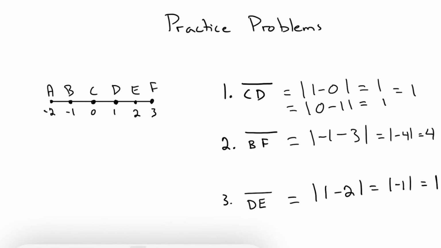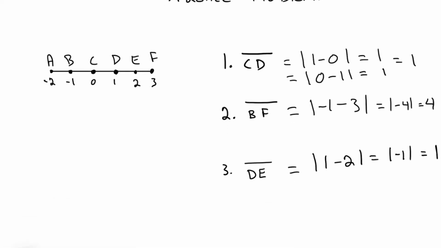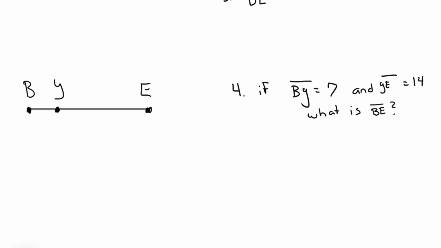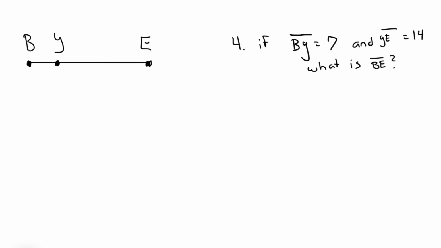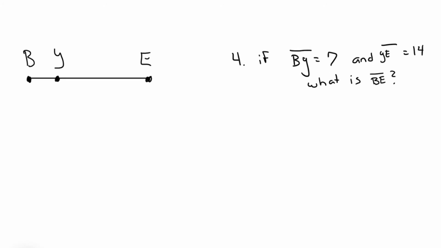Okay, so now let's go ahead and do number 4. Number 4 says, if the line segment BY is equal to 7, and I'm just going to go ahead and label it. So we're saying this is equal to 7, and YE is equal to 14.